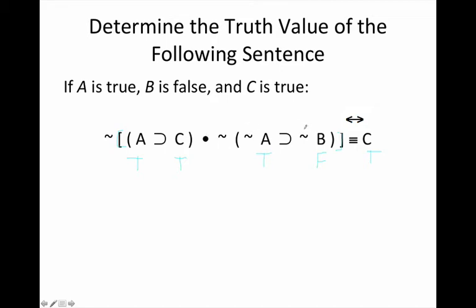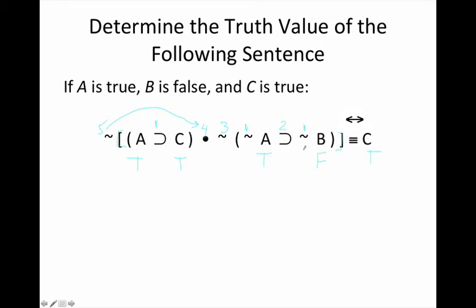We could do either left to right, we could do horseshoe first, or right to left, we could do the tildes first, horseshoe second, tilde third, and then dot fourth, and then negate the dot.